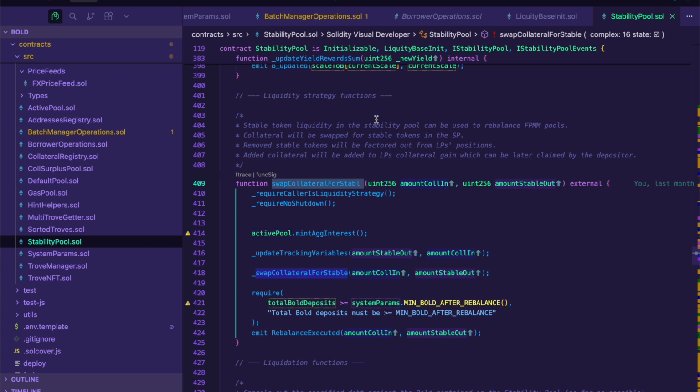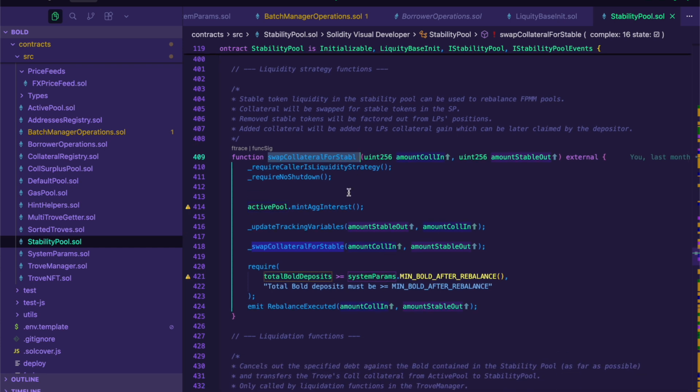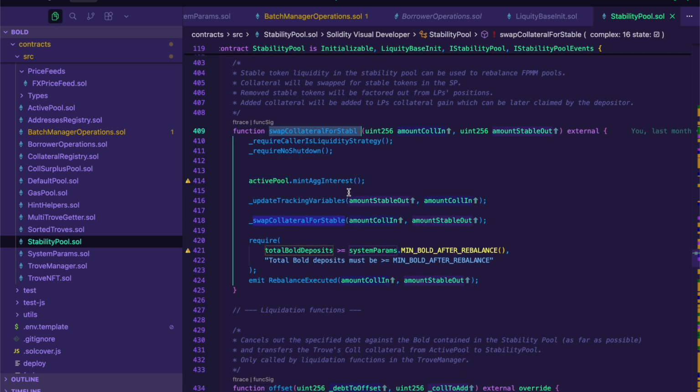When we need access to stable tokens, the liquidity strategy is going to move some stable tokens out of this pool, and instead move some collateral in, which is going to be distributed to the LPs of the stability pool. We use the same accounting mechanism that liquidation uses.